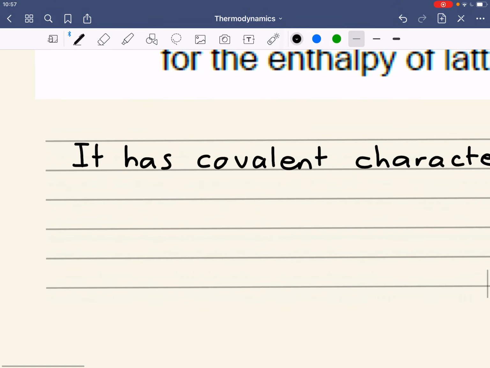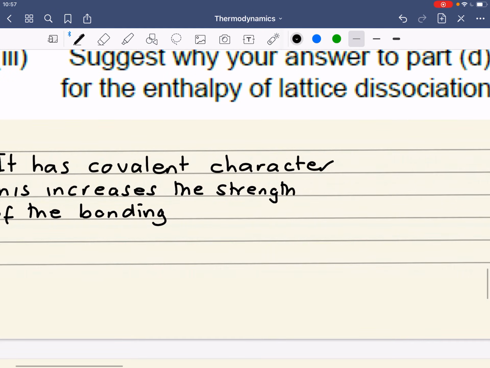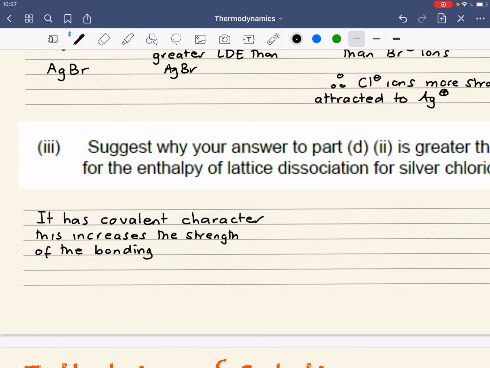As covalent character increases the strength of the bonding. And again, that is covered in the video on the perfect ionic model. So there's a difference between the theoretical and the experimental value. Why? Because the experimental value calculated by Born-Haber cycles has covalent character, and this increases the strength of the bonding.